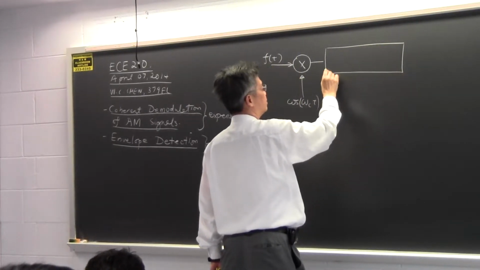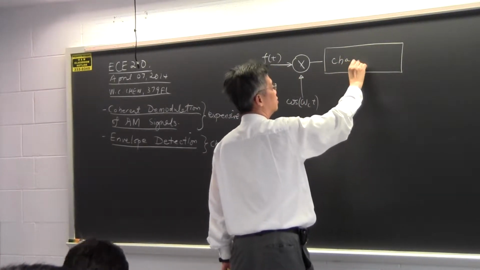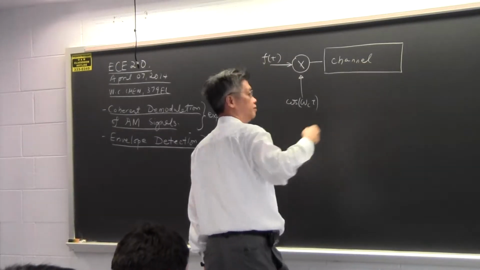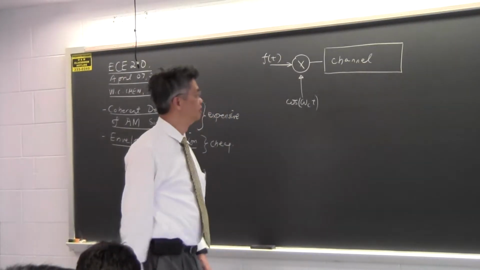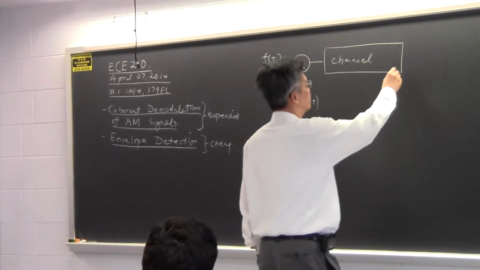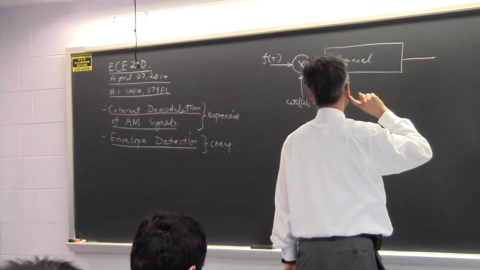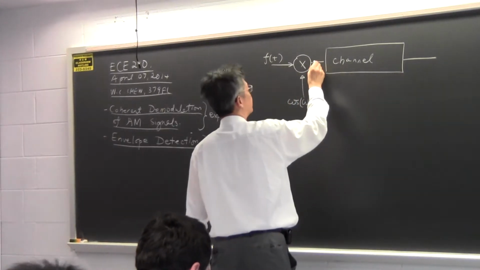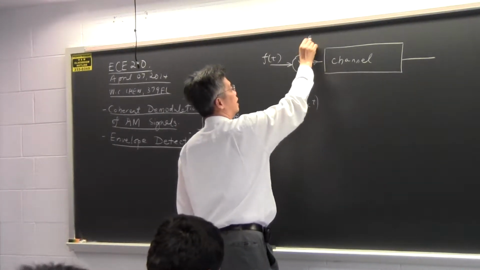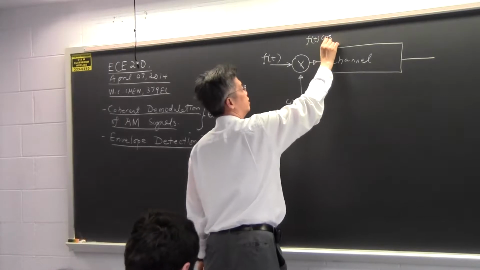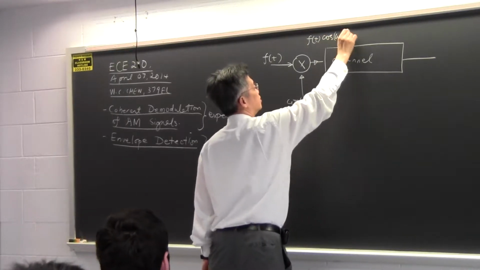The channel might be just your terrain. You have to send signals from here to a long distance, and when you have signals coming back at you, over here you have something like f(t) cosine of omega c t.